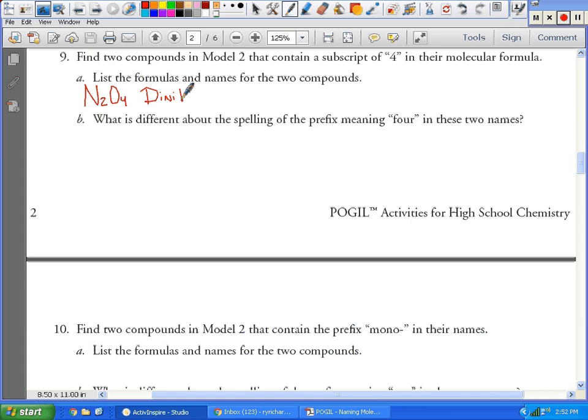All right, that's right. And what's the other one? Give me the formula. P4O10. All right, so we've got tetraphosphorus, that's right.